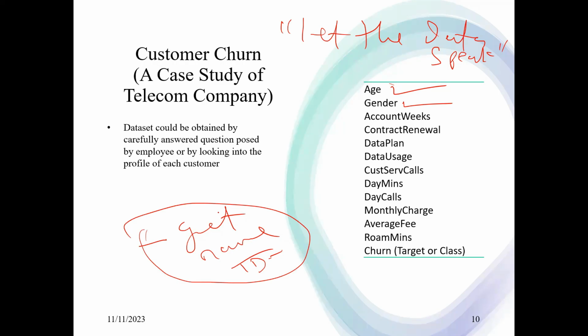People's information needs to be protected. So in data science and machine learning experiments, we need anonymized data, that is, a data set from which you've removed anything that can identify the actual owner of the data.